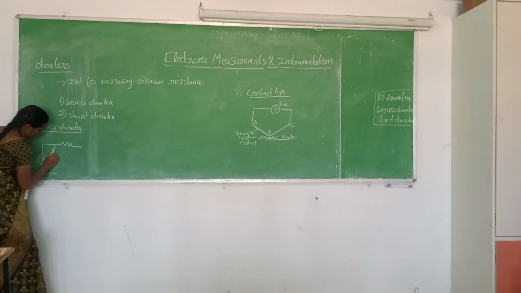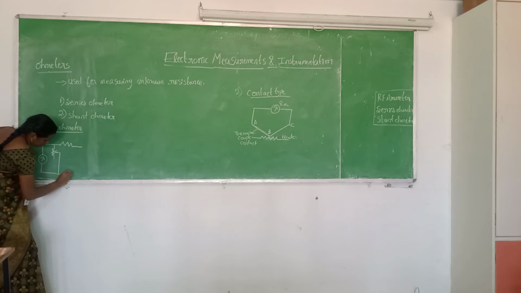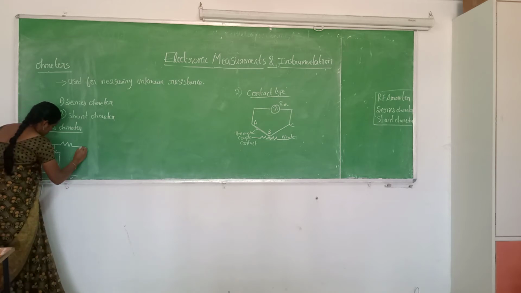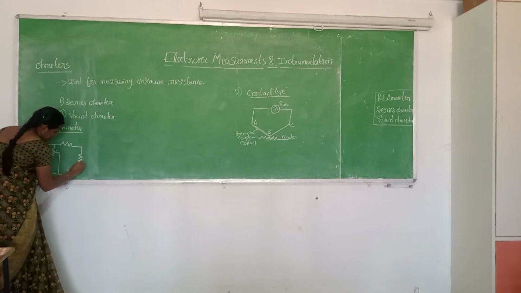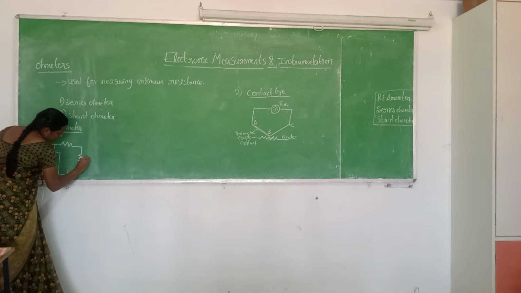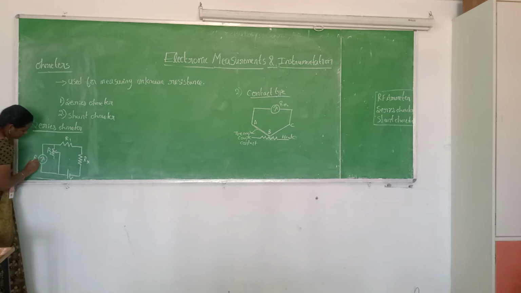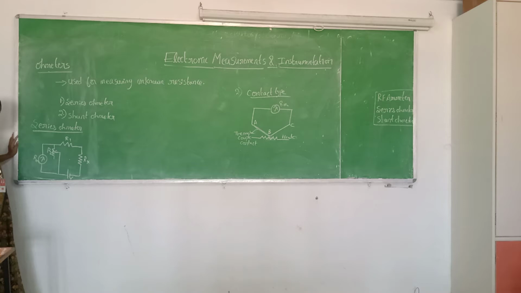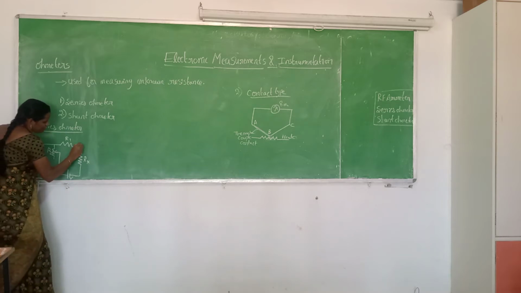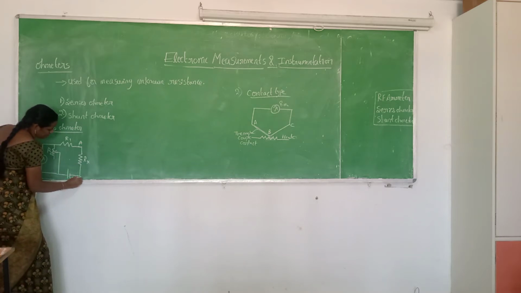Here is the variable voltage, and here is the battery B. Next here is the unknown resistance Rx. This is the unknown resistance Rx, this is the resistance R1 and this is the resistance R2. This is the internal resistance of the meter R1. Next, let us consider the points A and B.